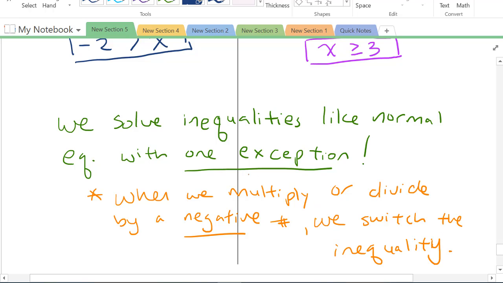I'll show you in the next video what I mean by that. And only when you multiply or divide by a negative number do we switch, or flip, the inequality, whatever you want to call it.